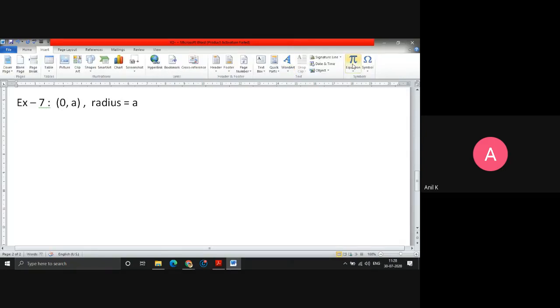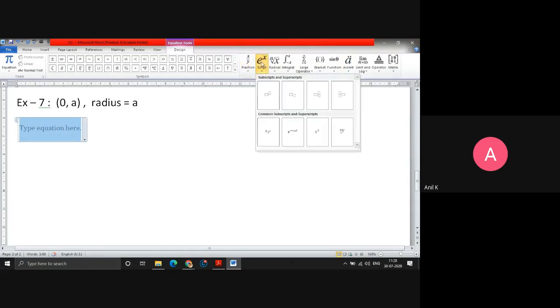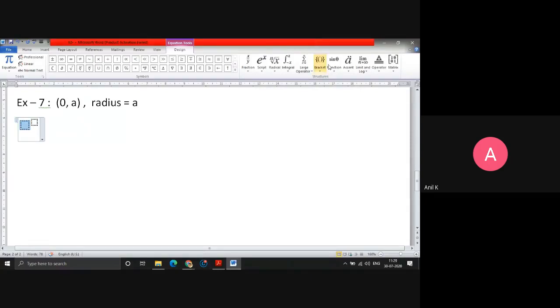The general equation of a circle is x minus x1 whole square plus y minus y1 whole square equals r square, or you can say x minus a whole square plus y minus b whole square equals r square.